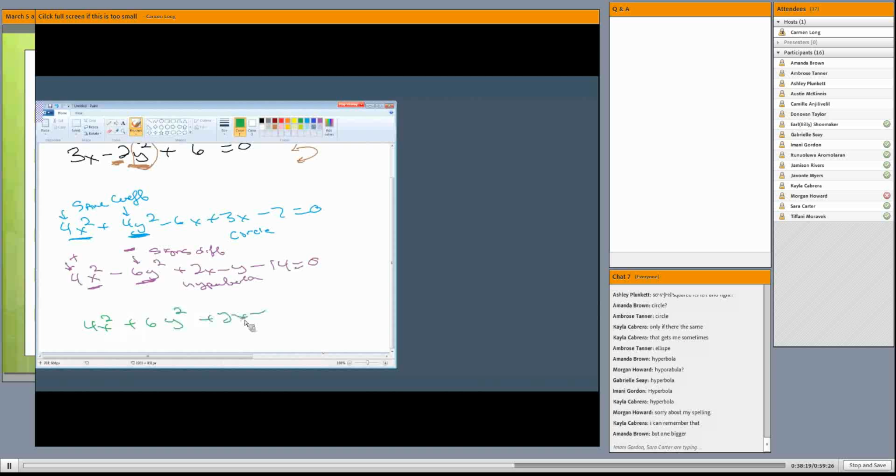Any bigger, it doesn't matter. They just can't be the same. Right, that's one. Then we know it's an ellipse. Okay, so the same sign, not the same number, is an ellipse.